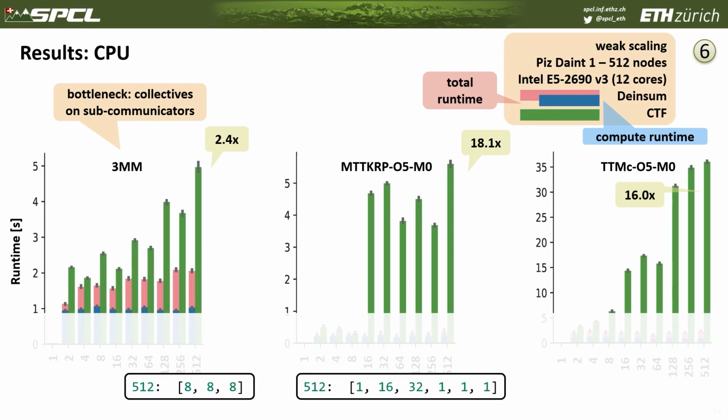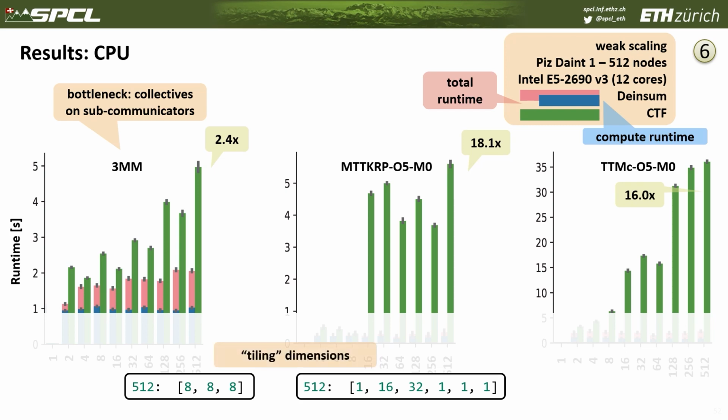Now, to understand a bit better why, we can have a look at the process grid that we generate based on SOAP for 3mm and for the MTTKRP kernel for 512 nodes. So for 3mm, it's going to be a grid of sizes 8, 8, and 8. But for MTTKRP, it's going to be 1, 1, 6, 32 and 1, 1, 1.